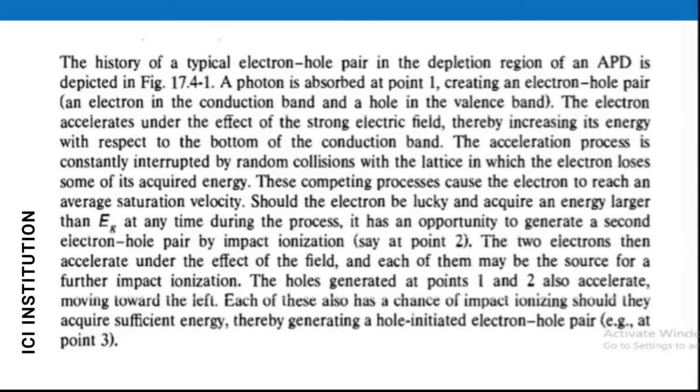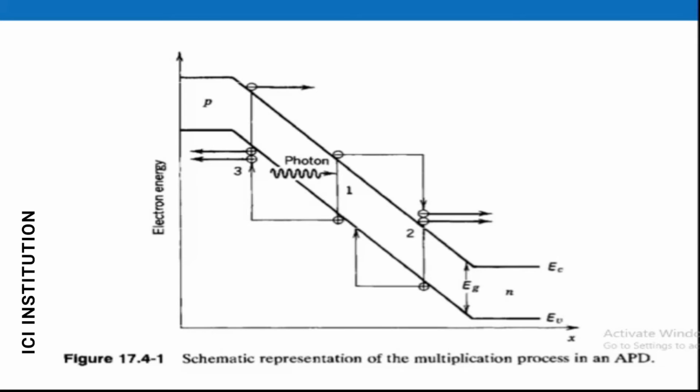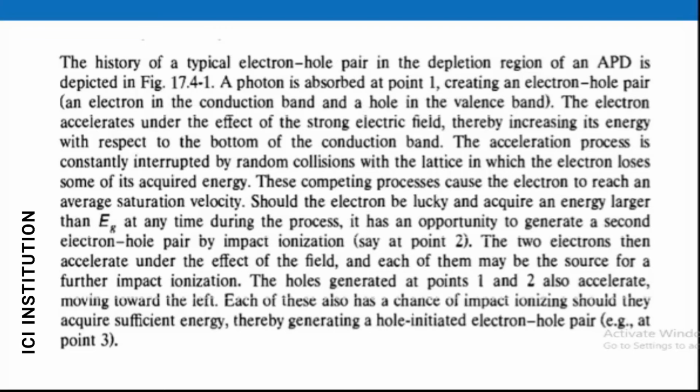The history of a typical electron-hole pair in the depletion region of an APD is shown in the figure. It is a schematic representation of the multiplication process in an APD. A photon is absorbed at point 1, creating an electron-hole pair.